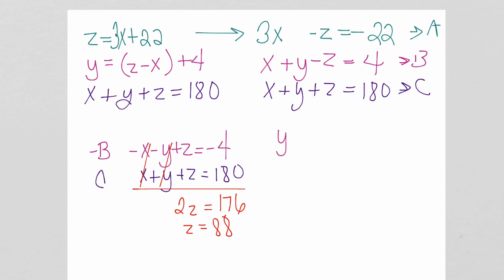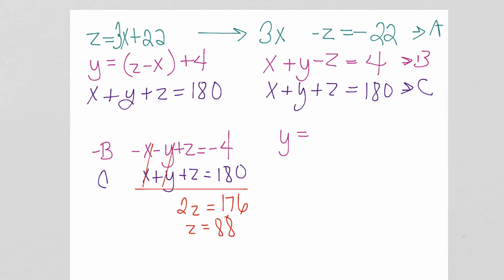So y equals z, which was 88, minus x plus 4. That's not helping us either, is it? Yeah, we got to go to the first one. I guess there's just one more variable. So, back to the first one.